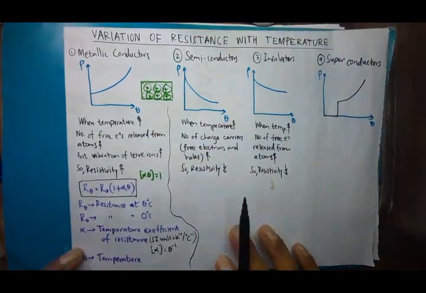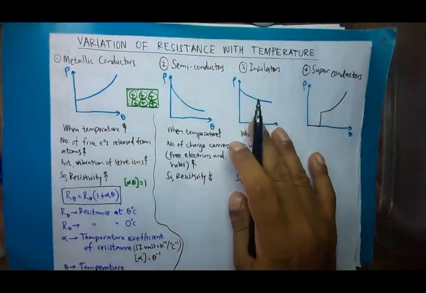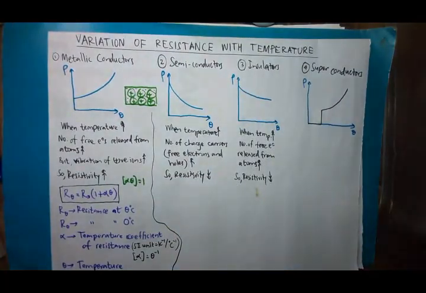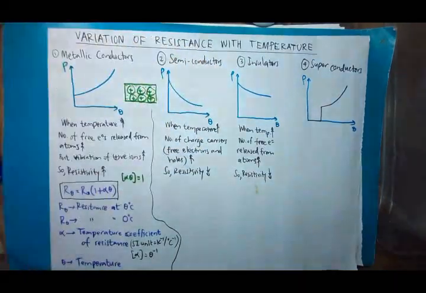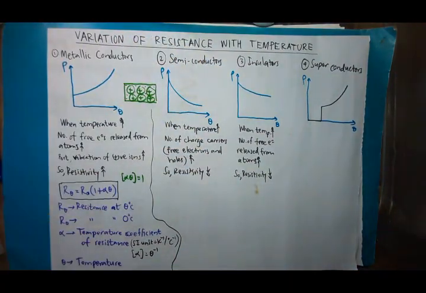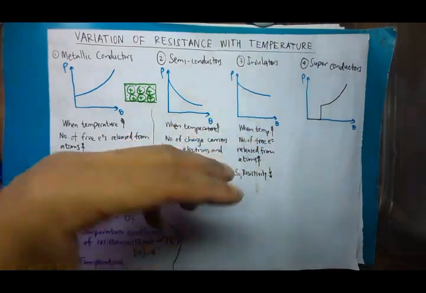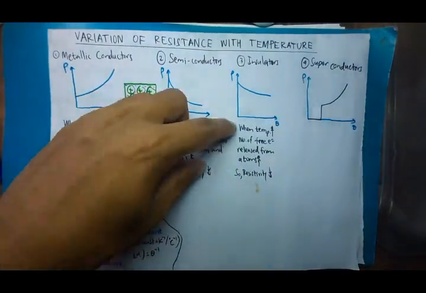And then let's finish insulators next. Now what are insulators? Rubber, glass, wood, this kind of material. But even insulators are made of atoms, correct? So when you increase the temperature, those atoms release more electrons, but they don't release a lot of electrons. So the resistivity is high initially.